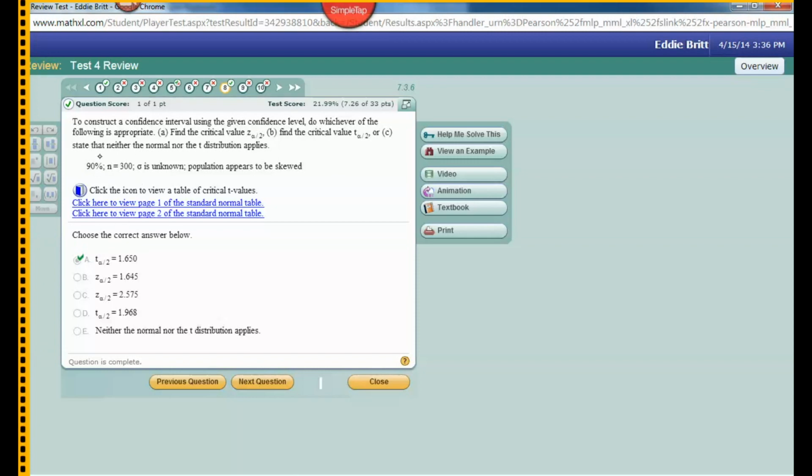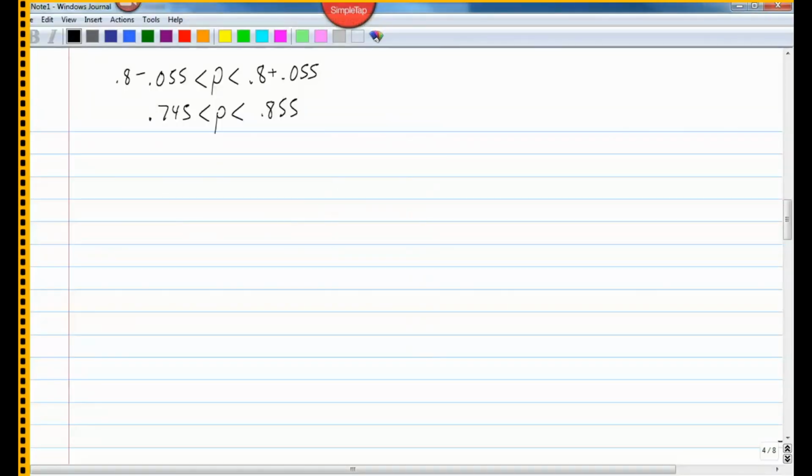So for a 90% confidence level, what would alpha be? Alpha is equal to 1 minus 0.9, or 0.1.